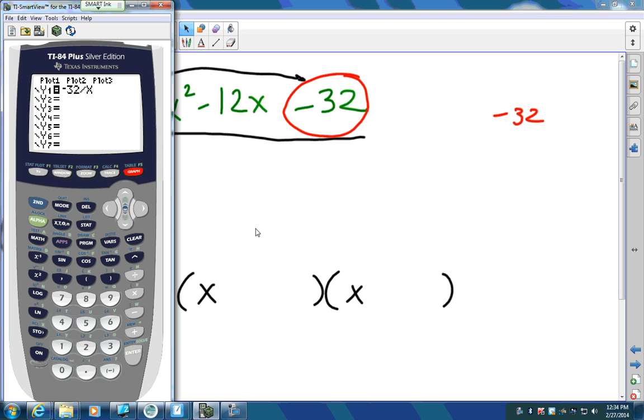Second graph. Okay, what do I need my factors to be? They need to be negative 12. So, Praise, what did you tell me it was? Well, look, 4 and negative 8, that's negative 4.